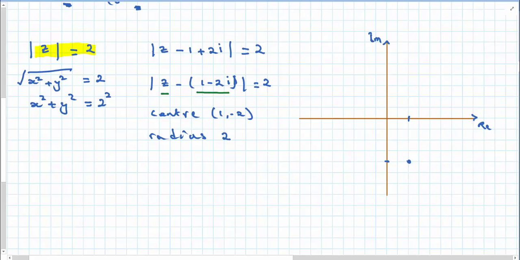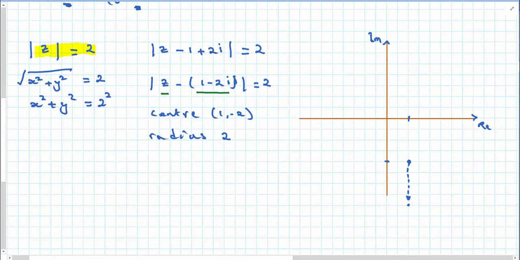So recalling vector subtraction, for example, if z is the point here, then when we do that subtraction, our resultant vector is this, and we need that to be no more than 2 or no less than 2.